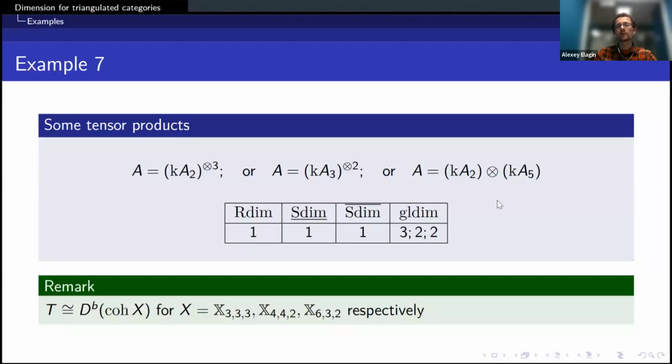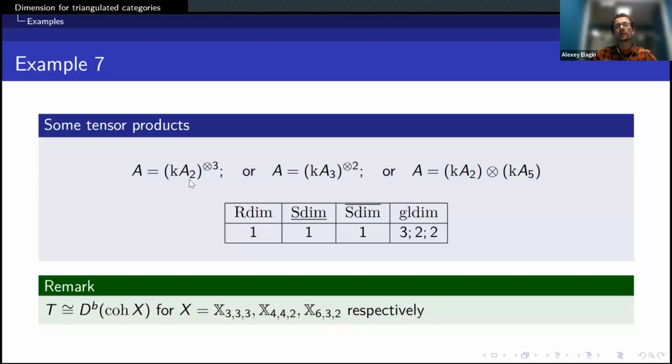So we can compute its Serre dimension. That would be the sum of Serre dimensions of the factors. And there are exactly 3 such products of path algebras of quivers AN that have Serre dimension equal to 1.